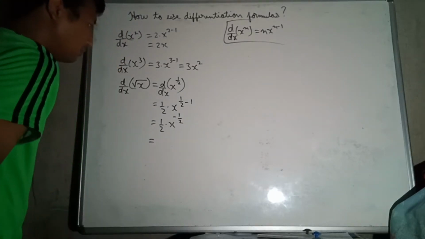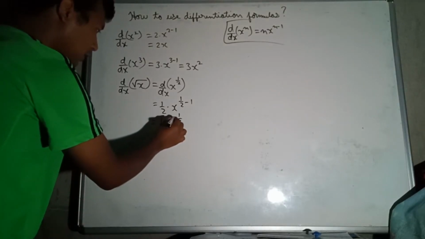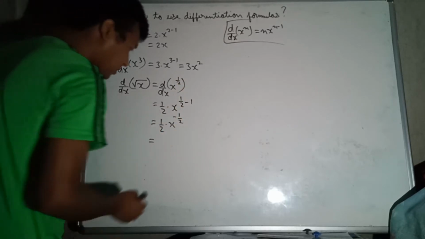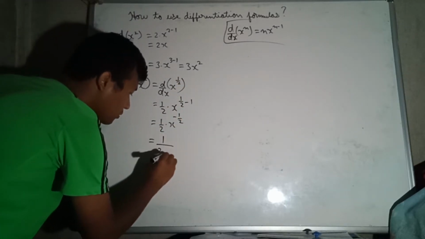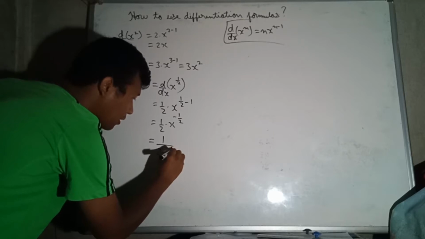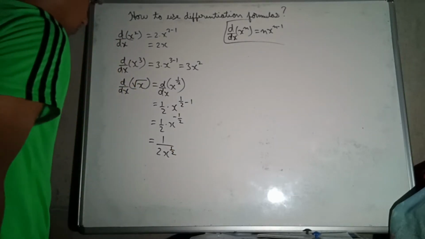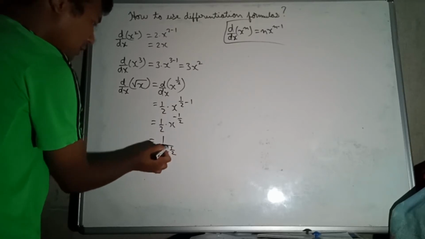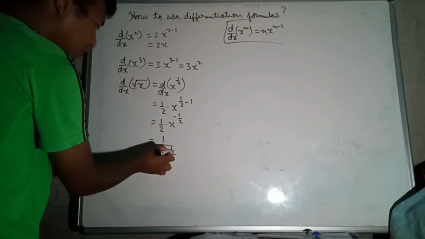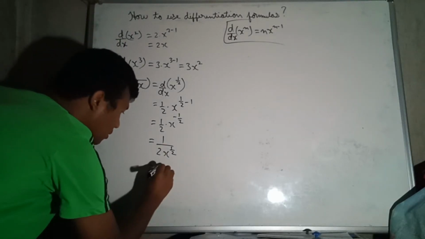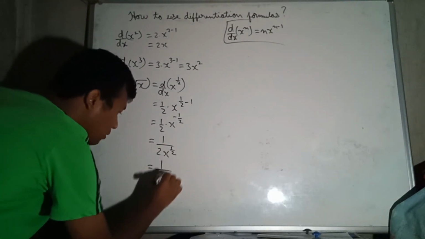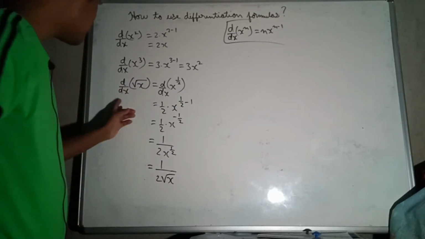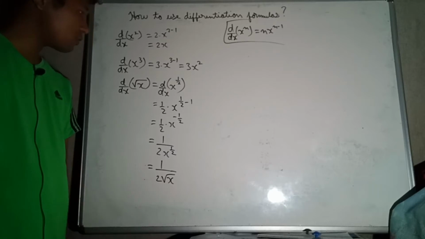So this is half into x to the power minus 1 by 2. A negative power shifts to the denominator, so this is equal to 1 by 2 x to the power 1 by 2, which is root x. So d/dx of root x is 1 by 2 root x.